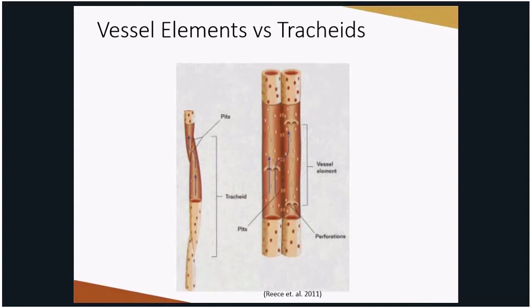They do have some interconnectedness, but are more regular, not as much of a network, and are a little more evolved than what we see in conifers. So they provide a different method for uptake of water through the plant, where they also have pits similar to the tracheids, but they also have what's called perforations on those end plates that allow the water to move upward through these structures.